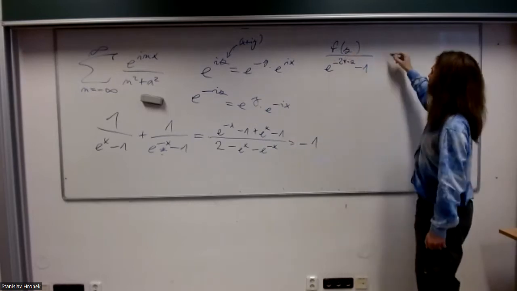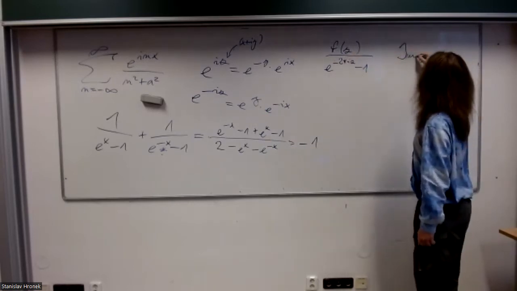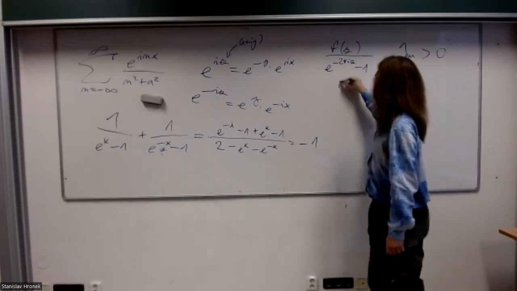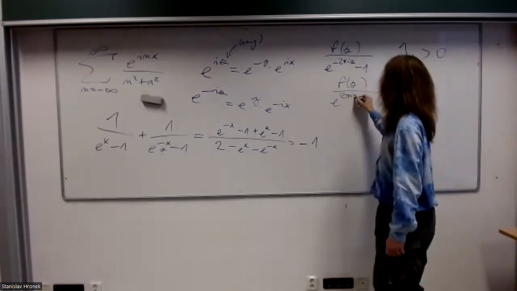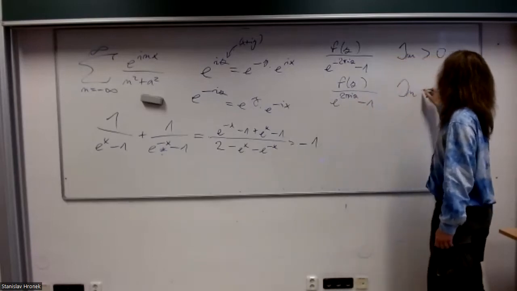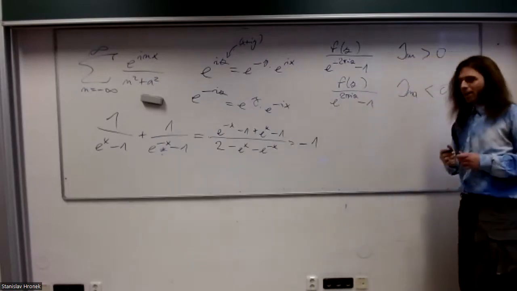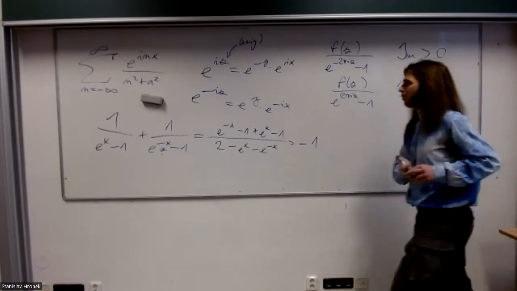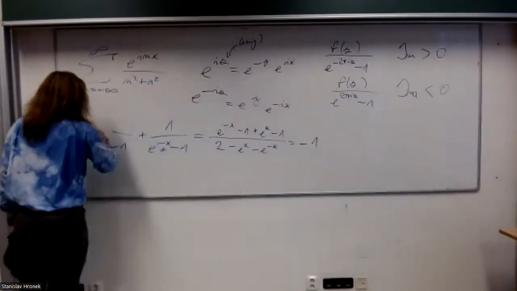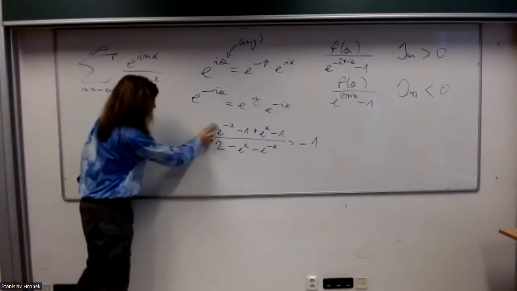So this thing is very nice in the upper half. Similarly, this thing with a plus sign is very nice in the lower half. And the only thing is how to make some use. But it's hard.